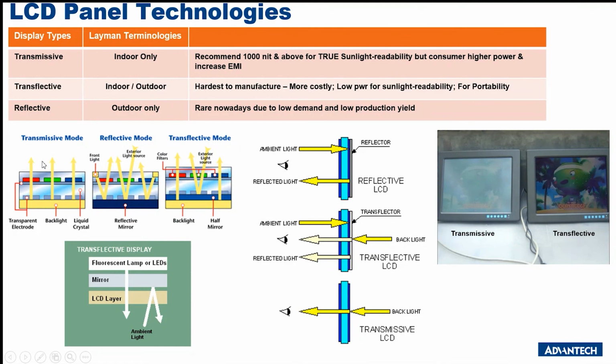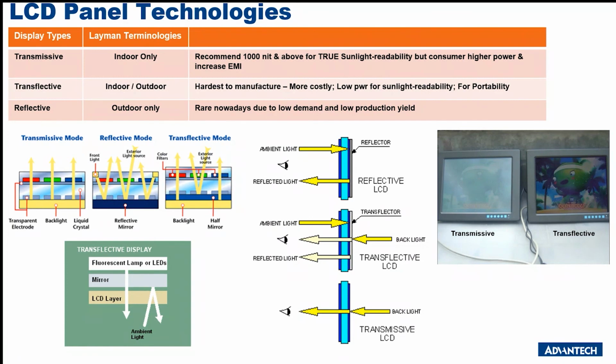So this is okay for indoor use. But if you put it outdoors, you cannot see it because the sunlight is too bright. The sunlight will penetrate between the glass and you will see washout on the screen. You can see on the right side, like the white on the screen.